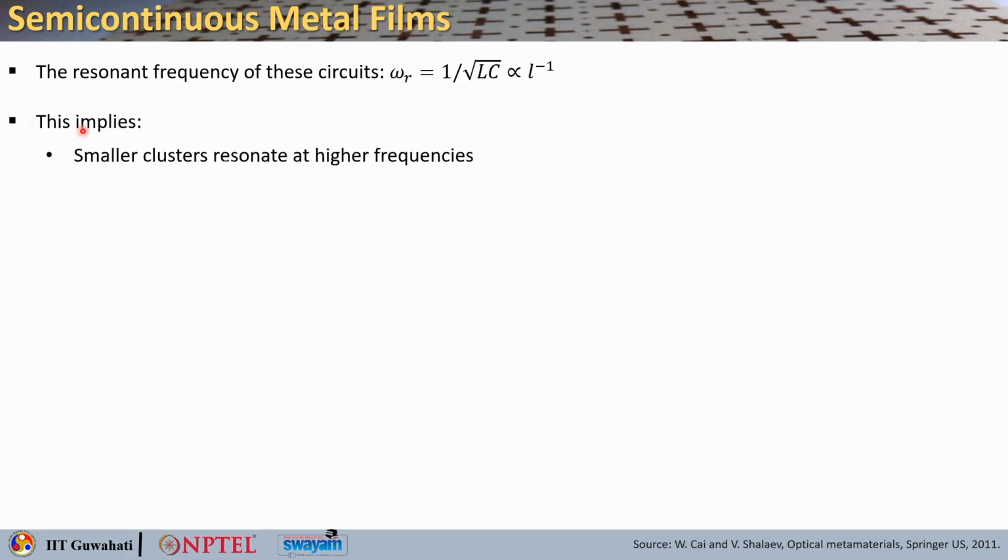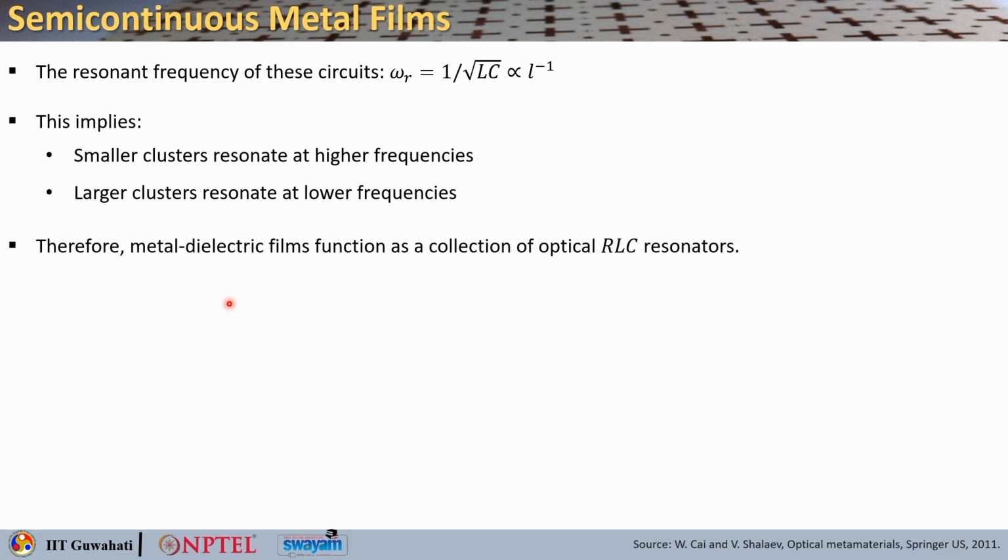So what does it imply? It tells you that the smaller clusters would resonate at higher frequencies, and obviously the larger clusters would resonate at lower frequencies. Therefore, you can say this metal dielectric film basically functions as a collection of optical RLC resonators.